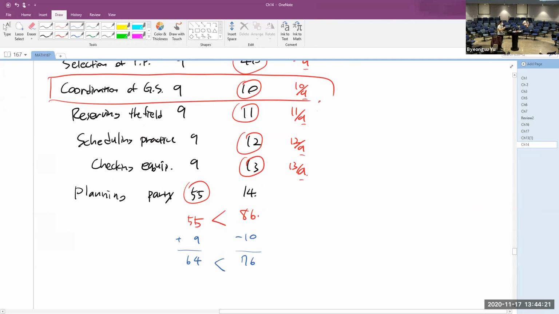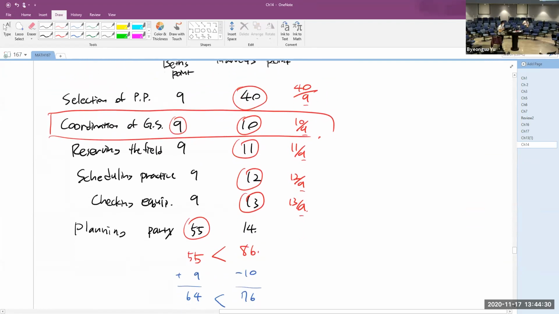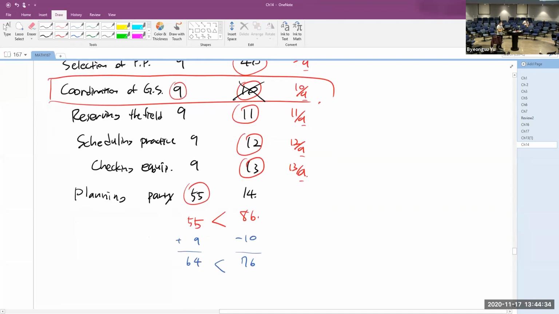So in that case, you can just let the coordination of game schedule belong to Beth and not Harvey. Then you can move on to the next preparation one. That is reserving the field, because 11 is the smallest numerator among all the others.